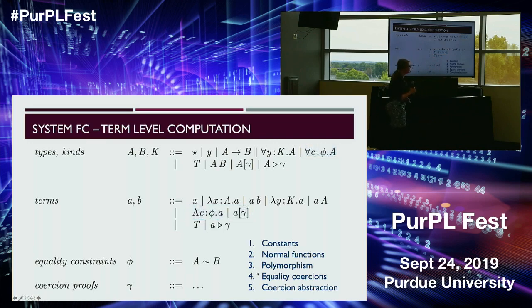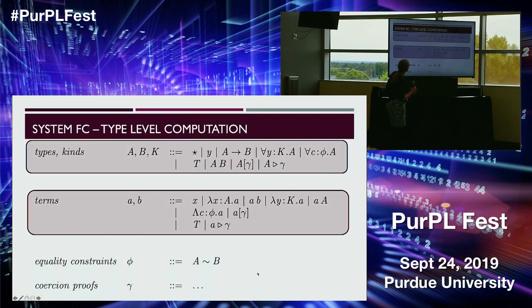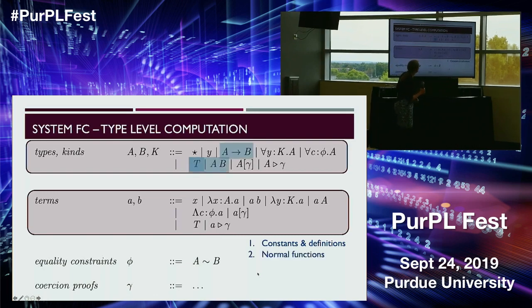Here's where the duplication comes in. If you go look at the type language, we have all the same things again. Slightly different forms, but we have constants there. We have functions there. We don't have lambdas, but we do have the ability to apply things to arguments.